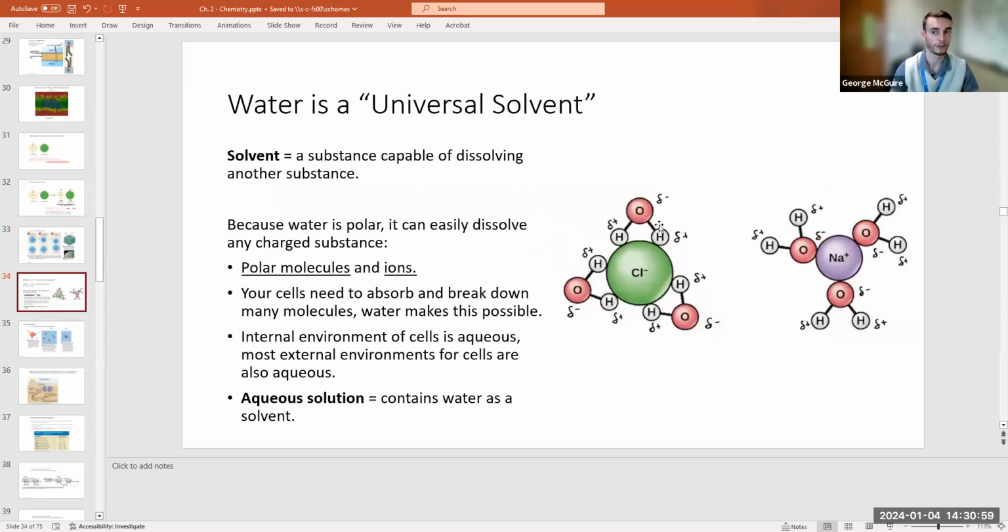So because water is polar, it can form those slight interactions with these ions as well, essentially just pulling them apart. Okay? So the positively charged sodium is going to form interactions with the partially negatively charged oxygens on water. And so those water molecules will surround the sodium. At the same time, the slightly positively charged hydrogens are going to surround the chlorine, and that just pulls them apart from each other. And that is what dissolving is in a nutshell, right?